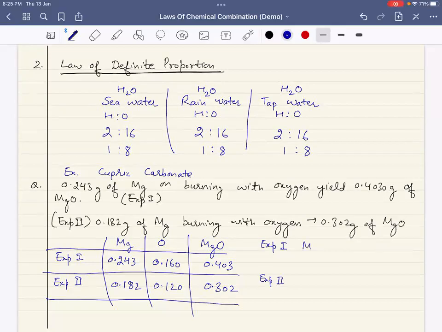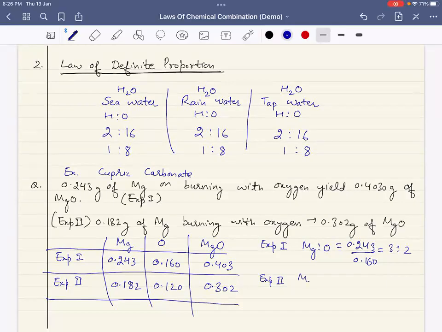In experiment 1, if we calculate the ratio of mass of magnesium and oxygen, it will be 0.243 divided by 0.160, that is 3:2, or approximately 1.51. So the ratio is 3:2.